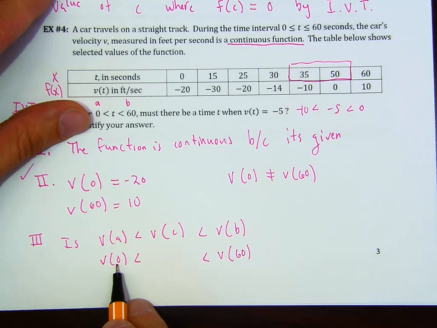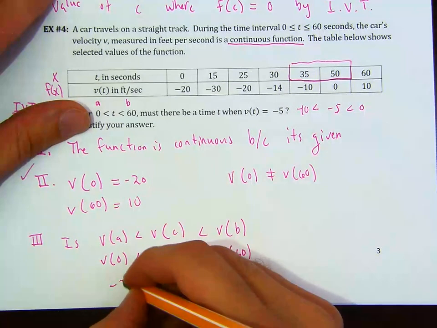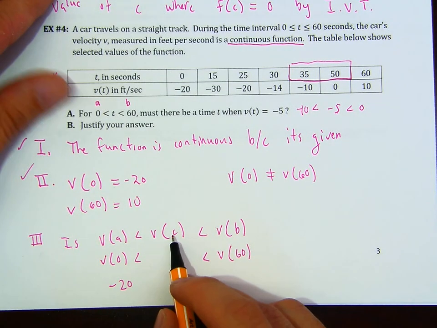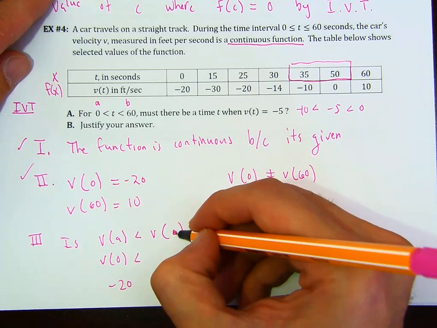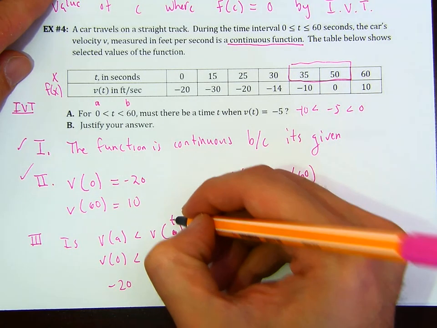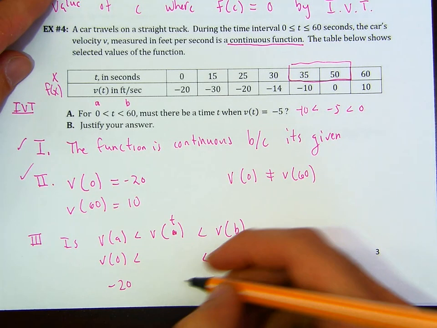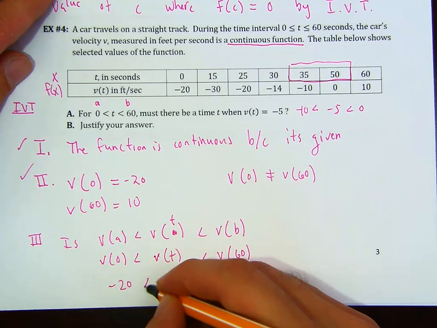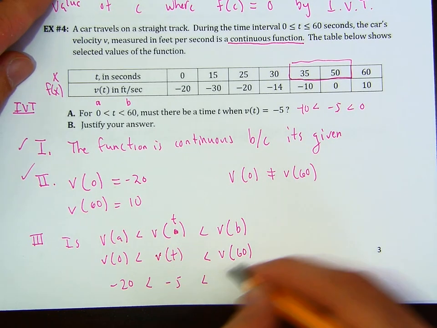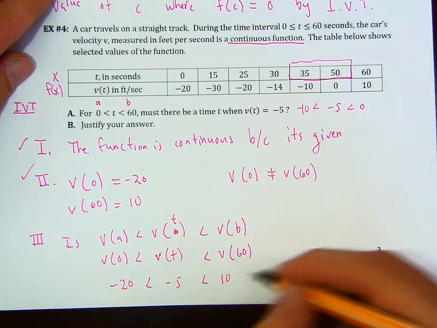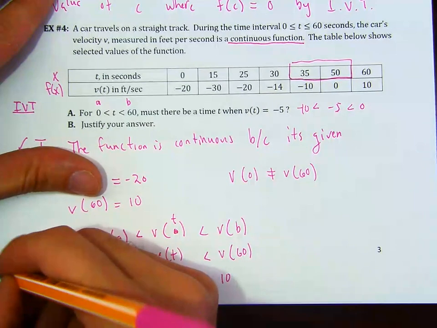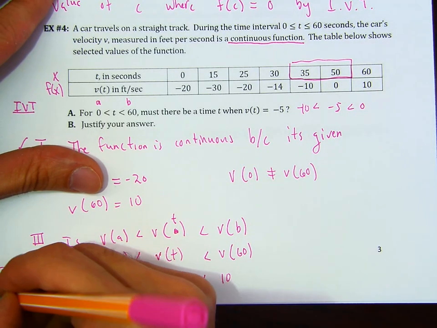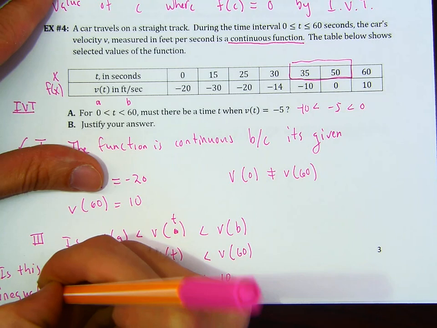And what is v of 0? It is negative 20. And what's this v of c value? I'm sorry, this should be a v of c or v of t. What is that v of t value? Notice that this is negative 5. And then what's v of 60? This is 10. Is this inequality true?